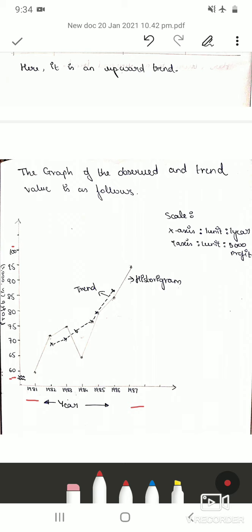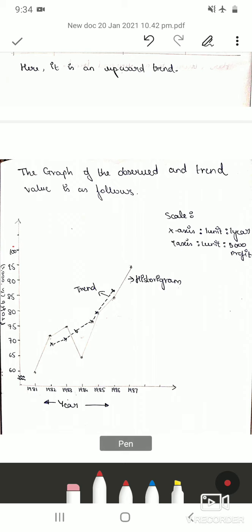Here this is a false baseline, because the difference in the first centimeter is 60 and the next difference is 5. So we have to use a false baseline.